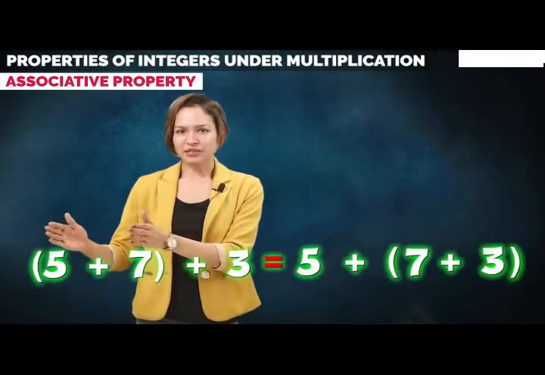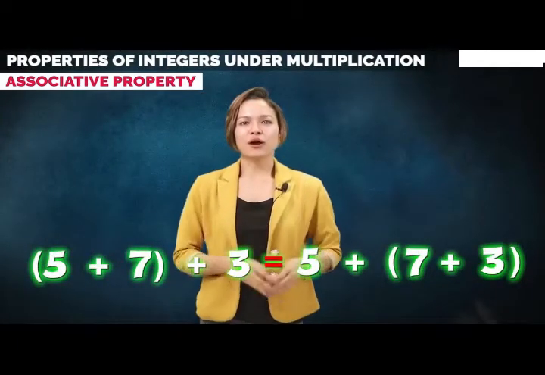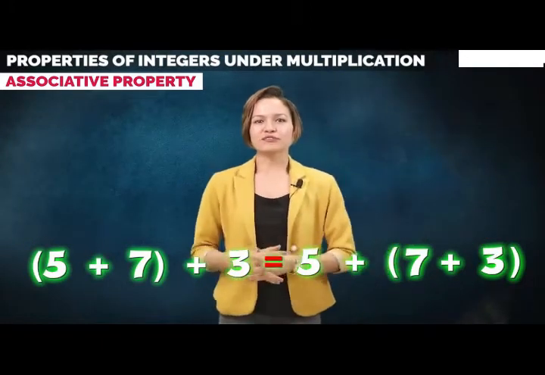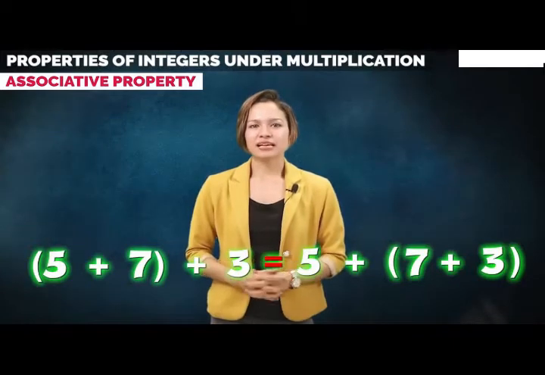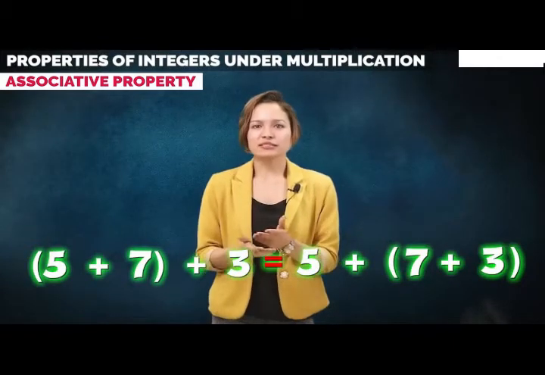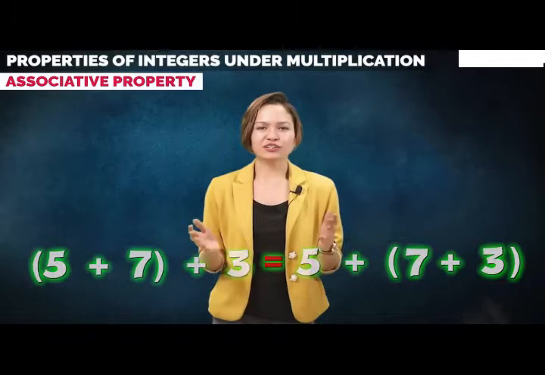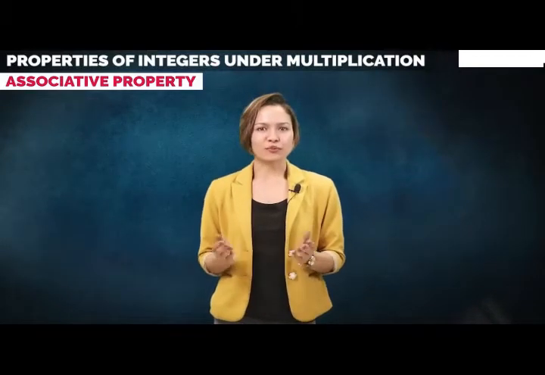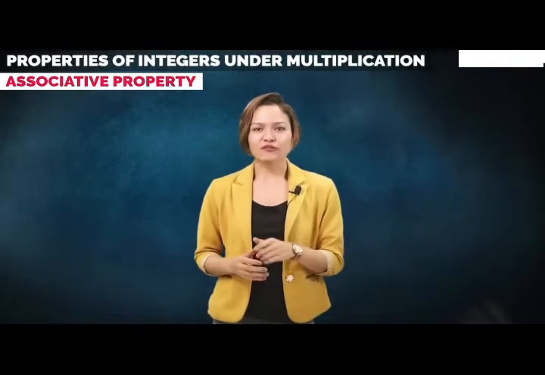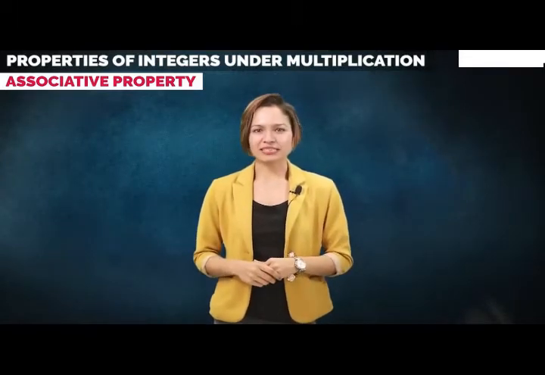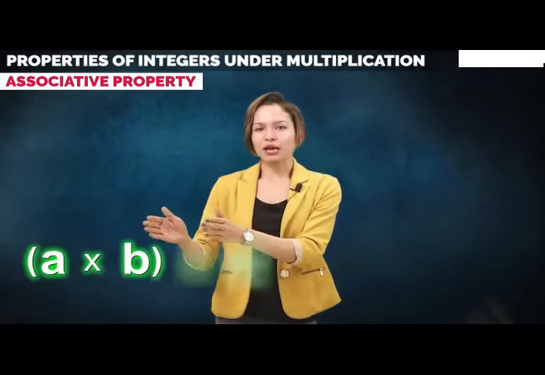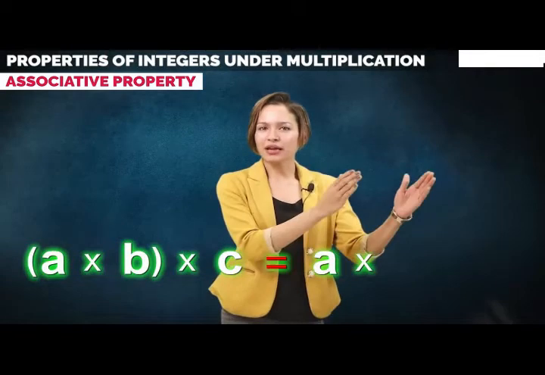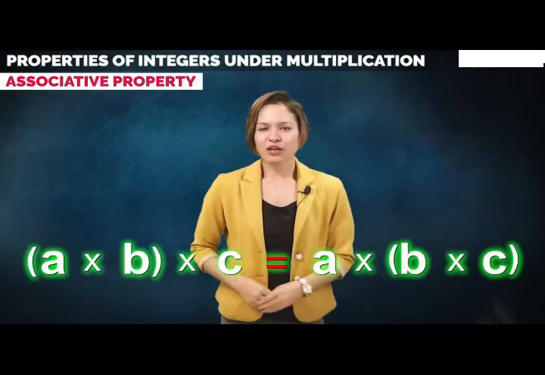The associative property of addition tells us that how we group the numbers does not alter the result of the addition. Similarly, on multiplying more than two integers, the product does not change even if the grouping is changed. That is, A multiplied by B, multiplied by C, is equal to A multiplied by the product of B and C.